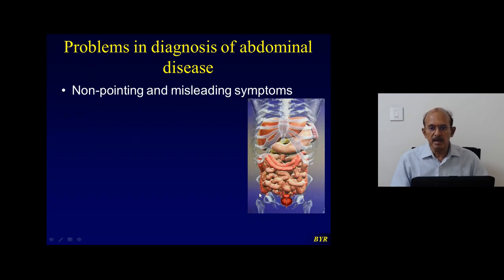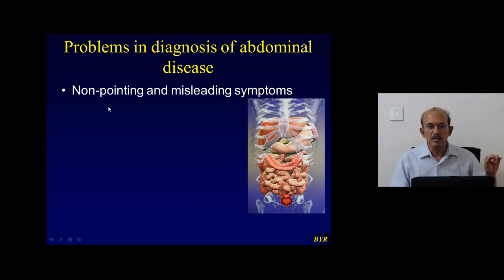If the appendix has some inflammation, the patient will not present with pain in the right iliac fossa. He will present with pain in the umbilical region. Pain in the umbilical region is the main manifestation of acute appendicitis. The patient says he has pain in the umbilical region, but the disease is in the right iliac fossa. That means it is non-pointing.